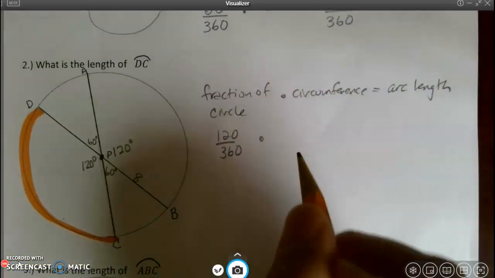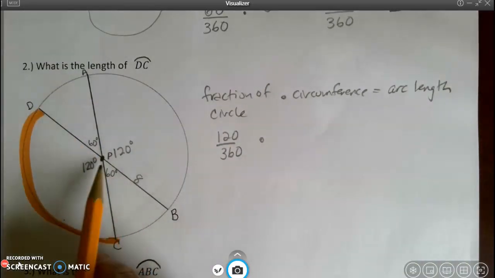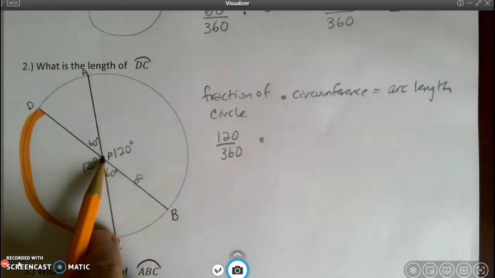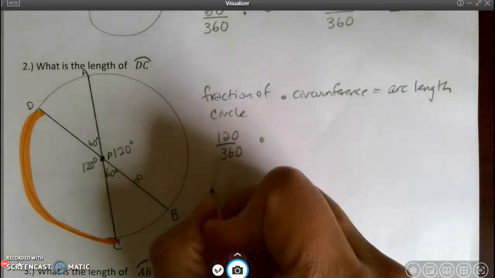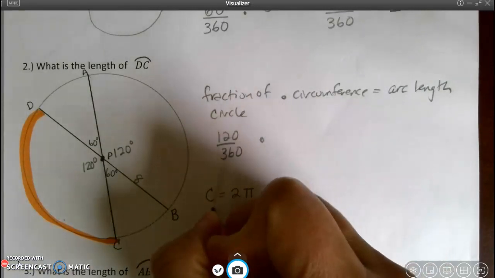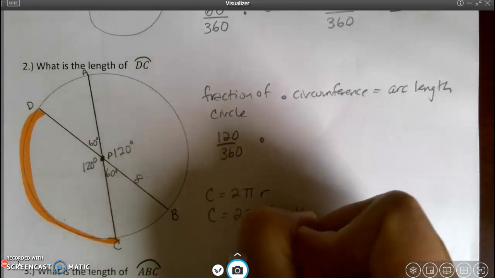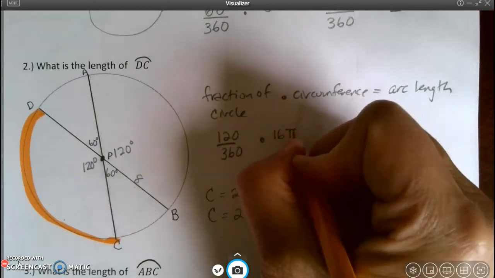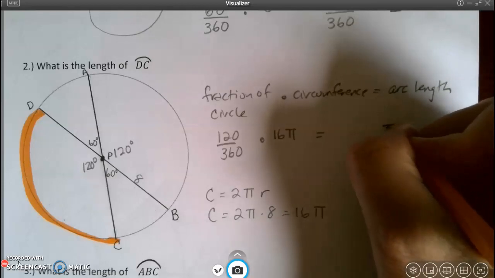The length of PB is 8, and we should see that this is a radius of the circle, and circumference equals 2 pi r, which would be 2 pi times 8, or 16 pi. So 16 pi is the circumference. That is going to give me my arc length.